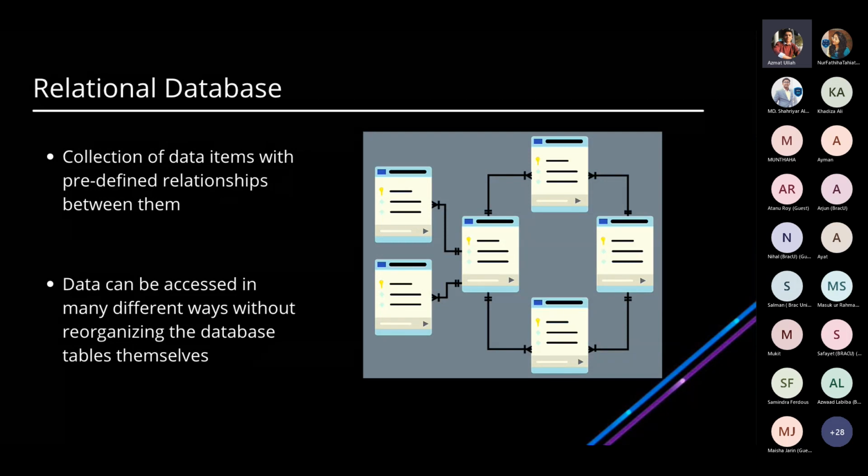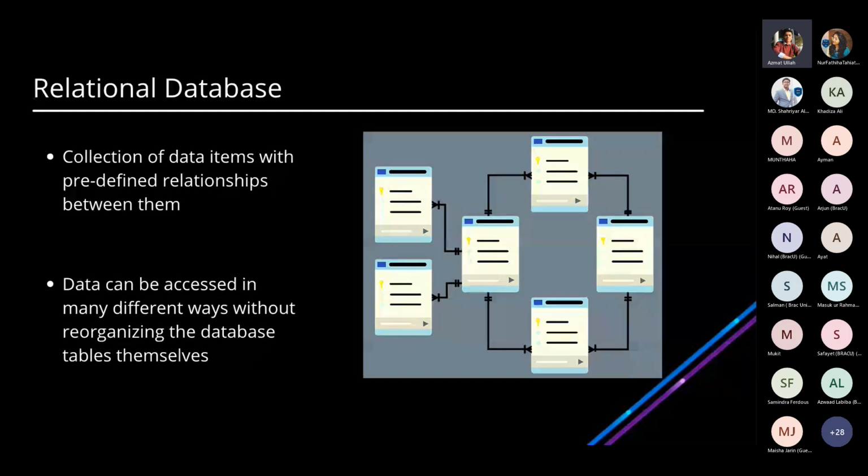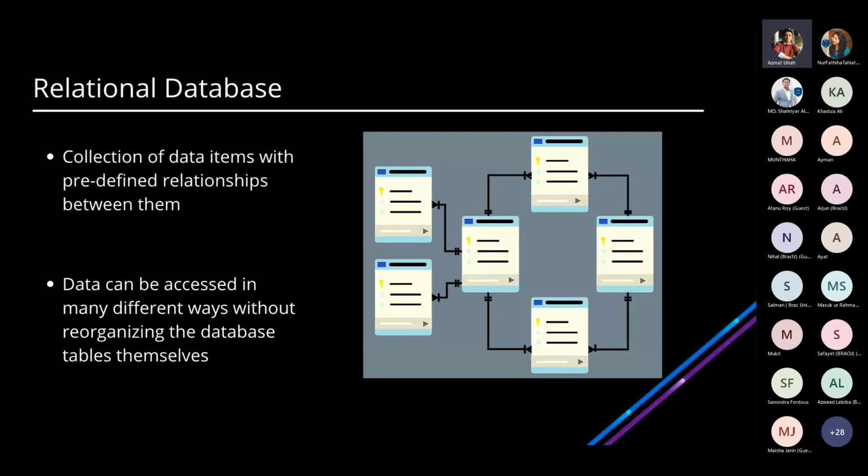The rows in the table represent a collection of related values of one object or entity. You can see a diagram which clearly depicts what I'm trying to say. Each row in a table could be marked with a unique identifier called a primary key, and rows among multiple tables can be made related using foreign keys. This data can be accessed in many different ways without reorganizing the database tables themselves.